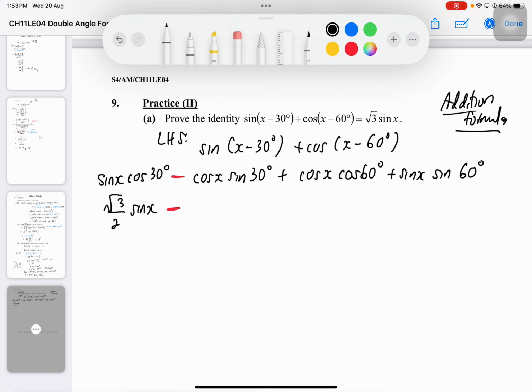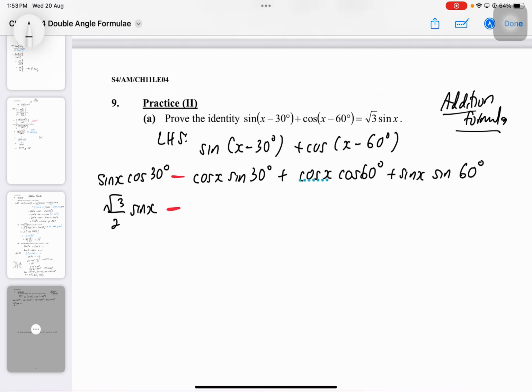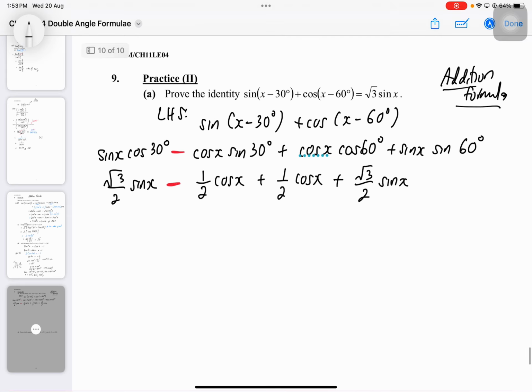Because sine is negative, the same symbol remains. So it'll be half cosine x plus cos 60 is also half cos x sin 60 root 3 over 2. Okay, plus root 3 over 2 sin x.